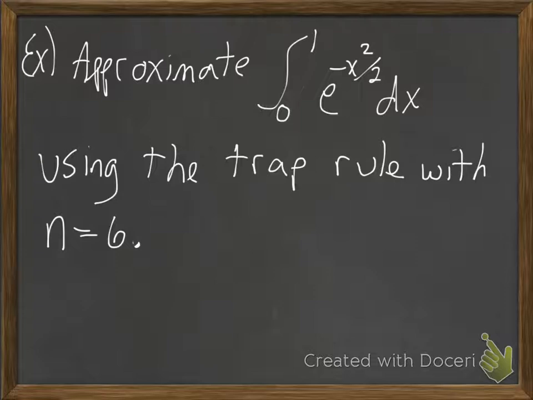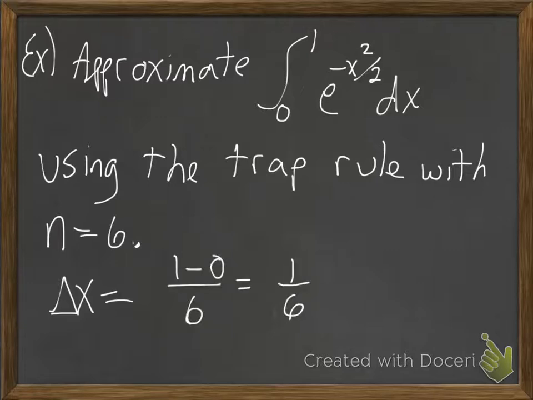So here the number of trapezoids we want to use is 6. So again, we would start by figuring out our delta x. That'd be (1 minus 0) over 6, which would be 1/6.